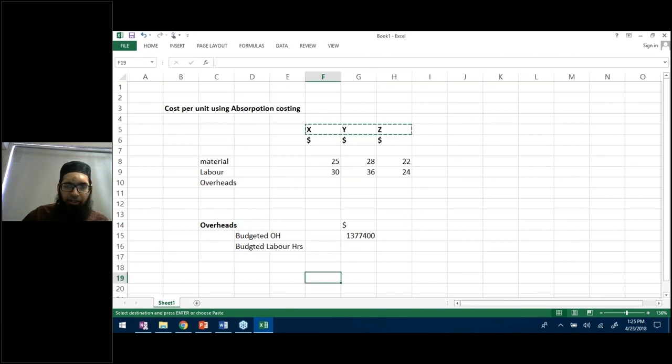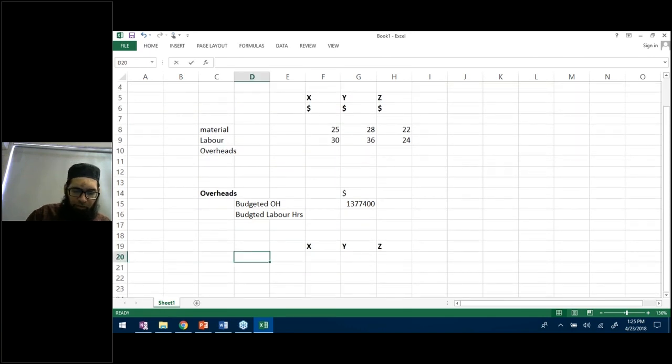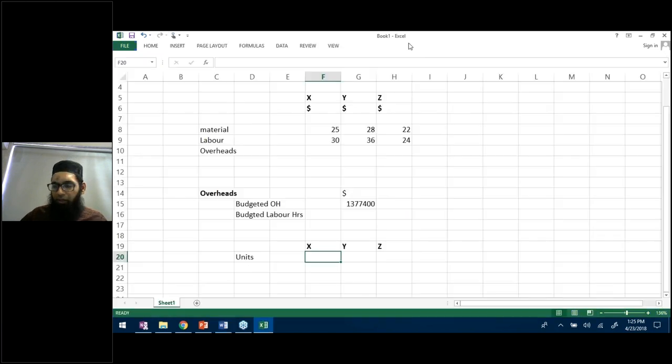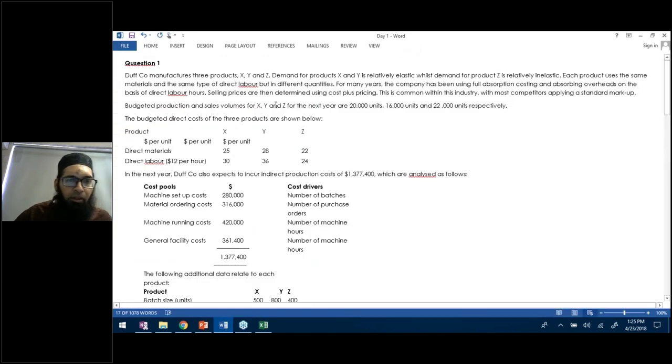So there will be three products. The units of each product are 20,000 for X, 16,000 for Y, and 22,000 units for Z. And the labor hour per unit can be determined by, now product X required $30 of labor cost, and the hourly rate of labor is $12.